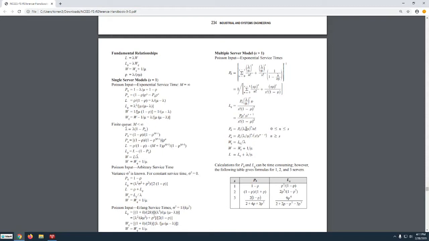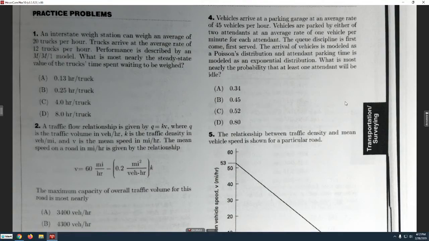So in this case, rho is lambda over S, the number of servers, times mu. Lambda is the arrival rate, so 45 per hour.